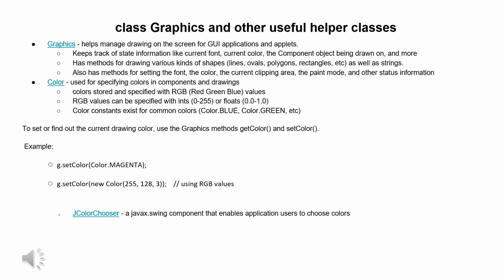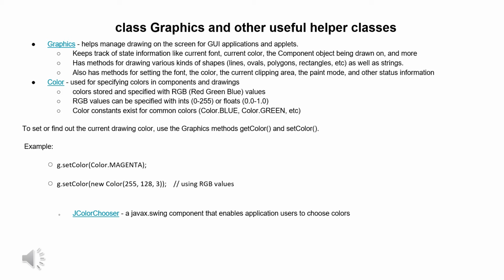What about Color? Color is used for specifying colors in components and drawing. As you see, Graphics and Color are both highlighted in blue, so by clicking on them, you will be directed to a site with more detailed information about them. Colors are stored and specified with RGB values.